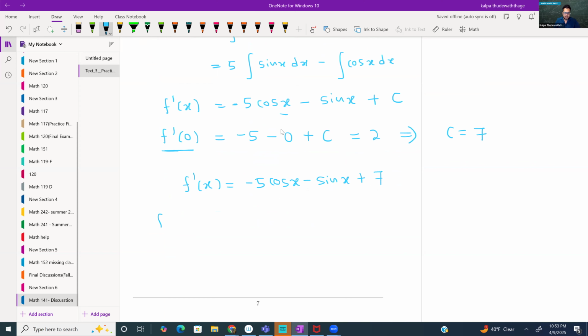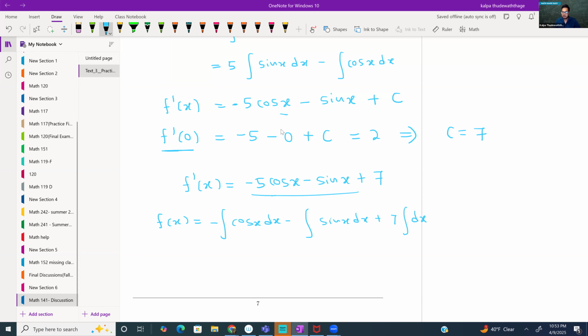Now I can get the original function by taking the integration of this entire thing, the cosine x dx. This is minus, I can take out. What is the integration of 7? It's not 0, by the way. I can take 7 out and integrate.